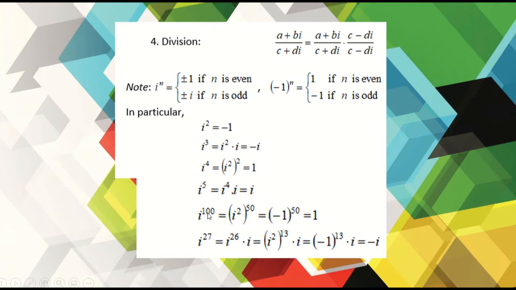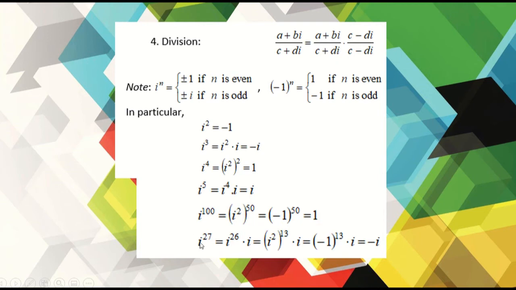So I to the power of 100, that is I squared to the power of 50, which is equal since 2 times 50 is 100. So we know already that I squared is negative 1. So negative 1 to the power of 50 is equal to 1. Right? Since n is even, and 50 is even. The answer is 1.